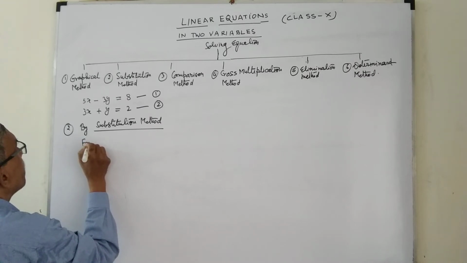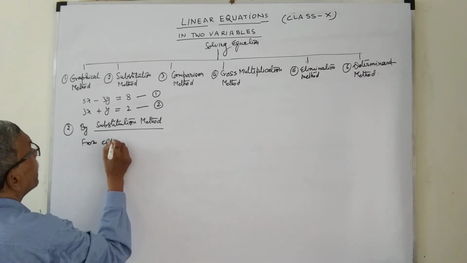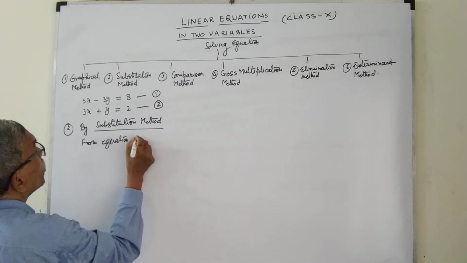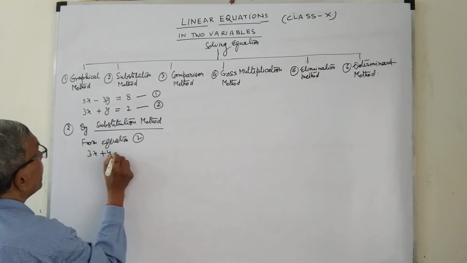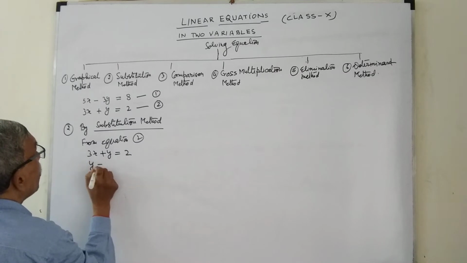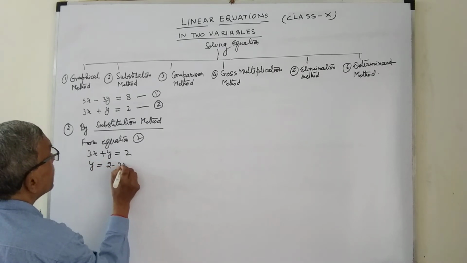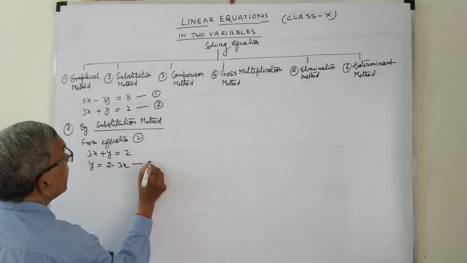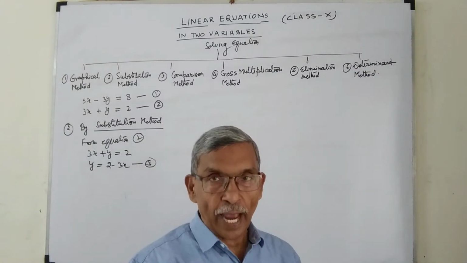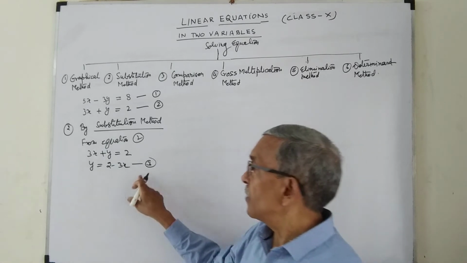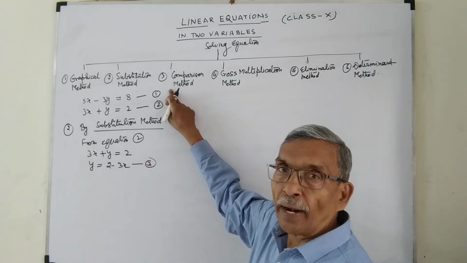So from equation 2, what we are getting? So it is 3x plus y is equal to 2. So y is equal to 2 minus 3x. So name it as 3. So we got the value of y in terms of x.